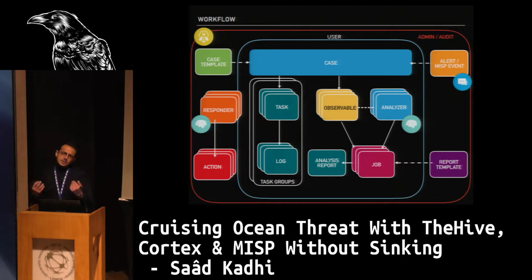And a case can contain zero or multiple observables, such as an IP address, URL, file, hash, and so on, that you can analyze using 101 analyzers, and shortly, in a few weeks, more, through Cortex.